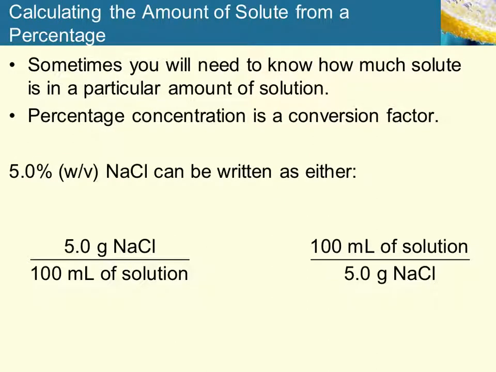Now, we're solving for this problem straightforward, meaning if the equation were y equals mx plus b, right now you're solving for y, but sometimes you need to be able to solve for something else. So sometimes you might need to know how much solute is in a particular amount of solution. So that means you're solving for the numerator.